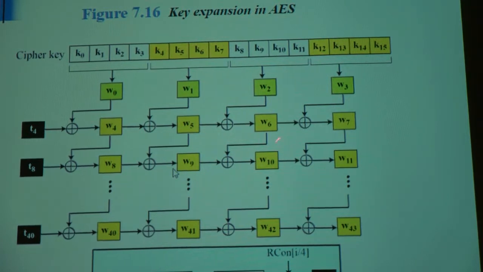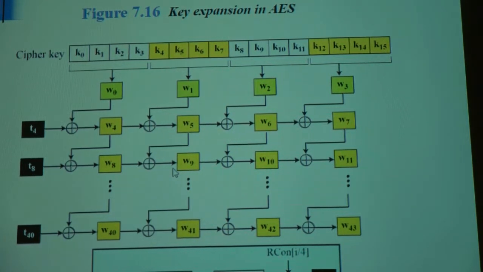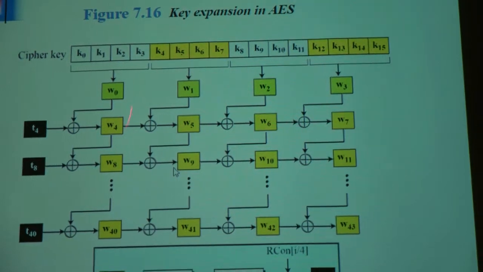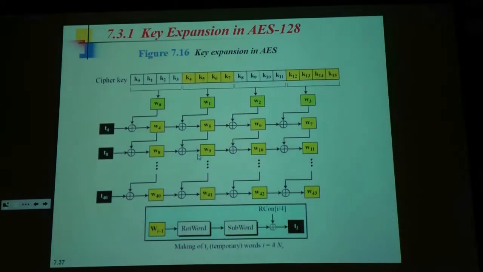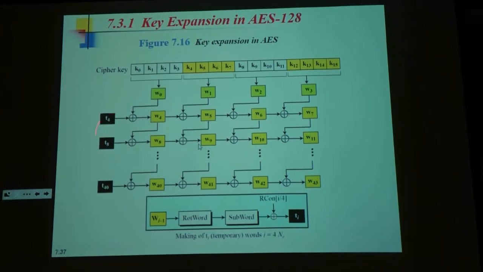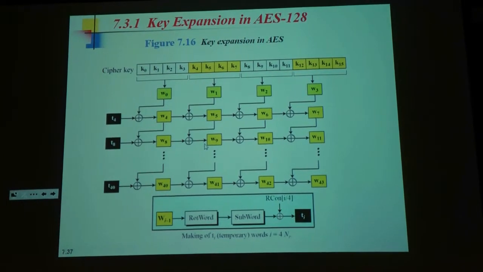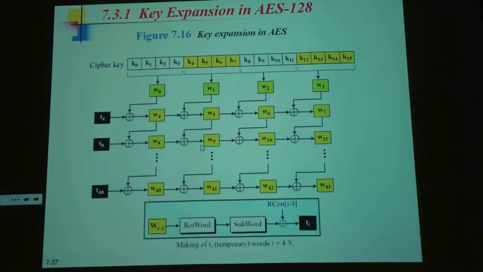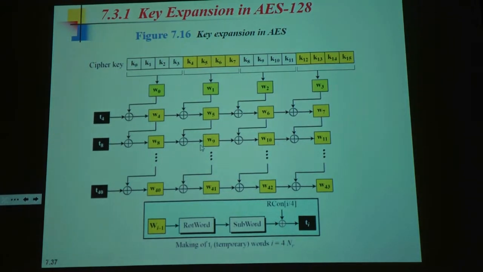In here, for example, how do you get W10? It would be XORing the word above it with the word before it. Where is the problem? The first one does not have anything before it. So we have to come up with temporary 4, temporary 8, temporary 40, right? And that's how we do it.